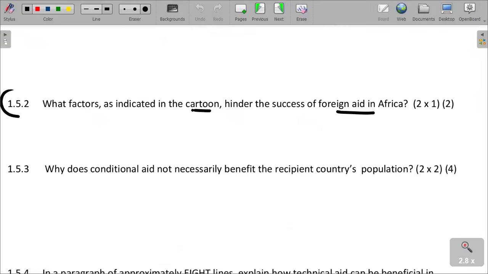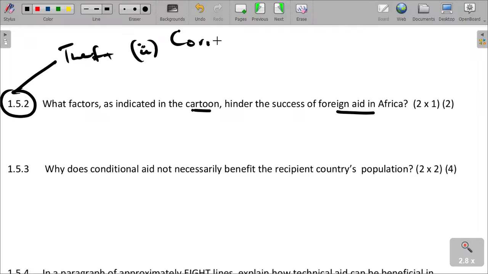We are saying factors here: there is theft, there is corruption, people are stealing and are just not being honest. We have got dictators, people are just exercising control that is extreme.